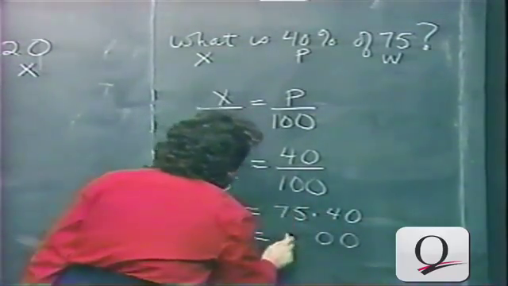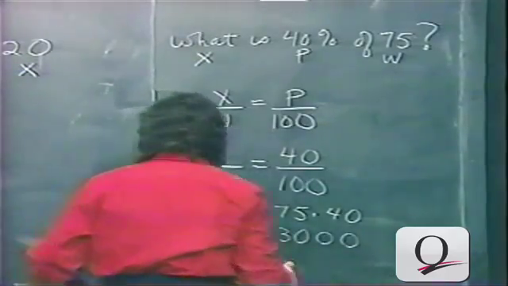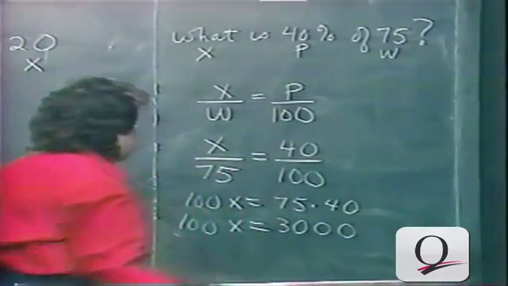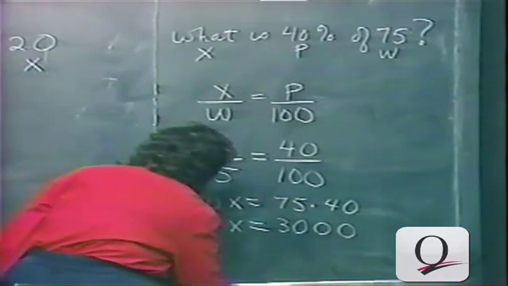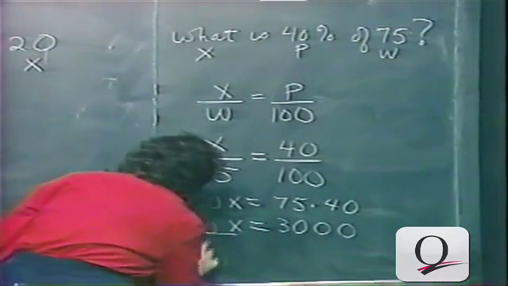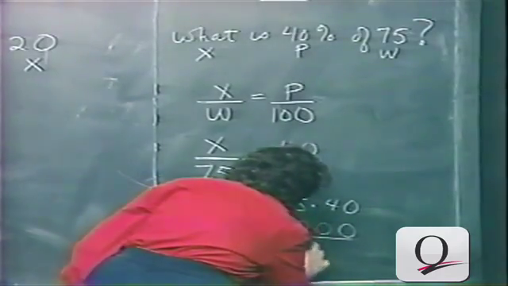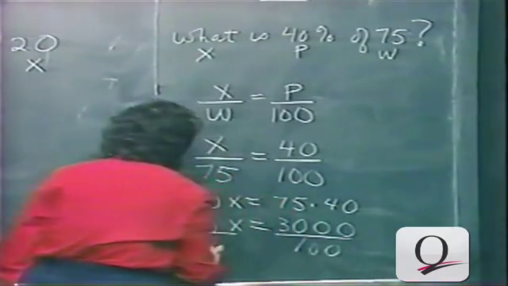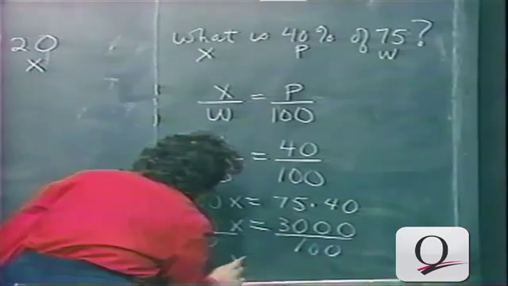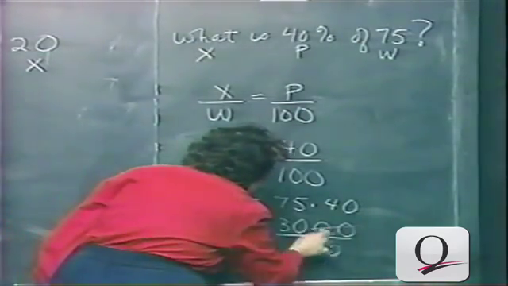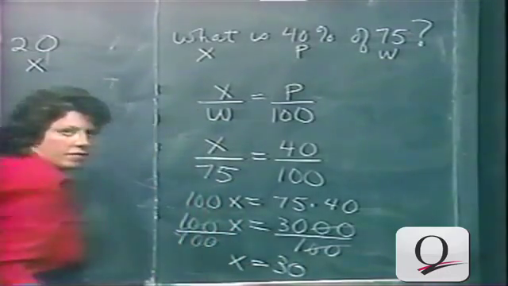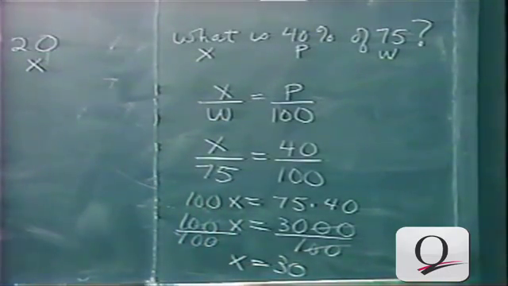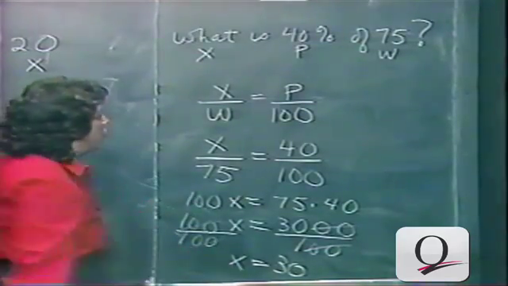Carry the 2. 4 times 7, 28, and 2, giving us 3,000. 100X is 3,000. Now divide both sides by 100 to figure out that X is 30. So what is 40% of 75? The answer is 30.